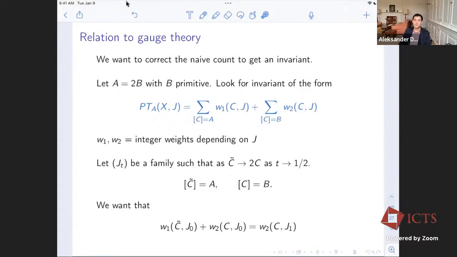But then I said that because of this collapse to multiple covers, you cannot get an invariant like that just by naively counting curves. So let's focus on covers of degree 2, just for the sake of simplicity. So let's take A, which is not primitive, but is of the form 2B, where B is a primitive class.